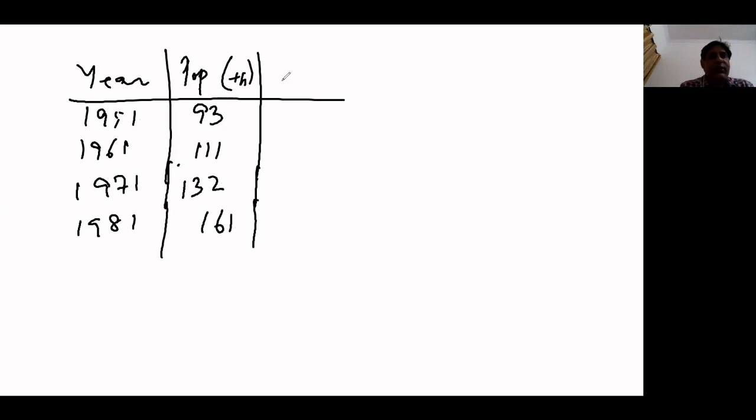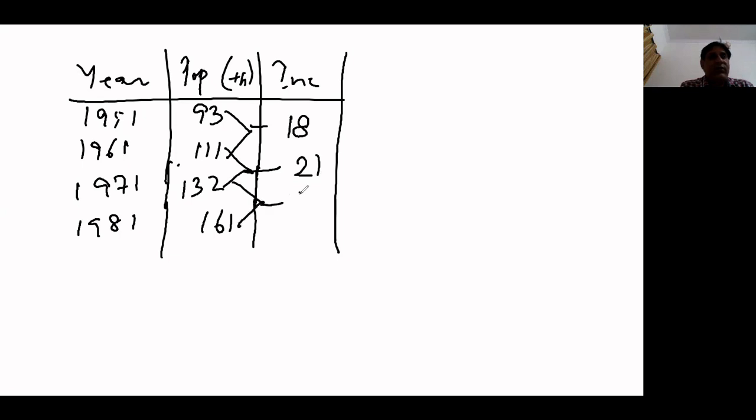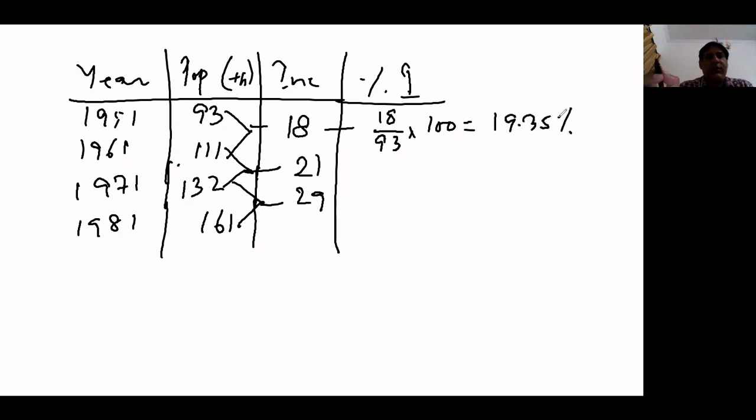Now the first thing is we have to find the increase. What is the increase? Increase is 18. What is the increase here? It is 21. What is the increase here? 29. Now what is the percentage increase? It is 18 upon 93 into 100, and it goes on to 19.35%.